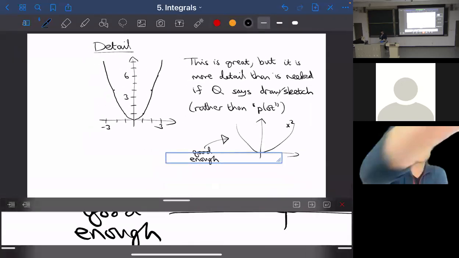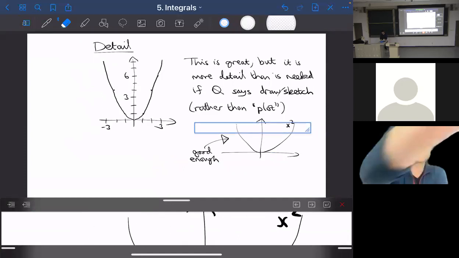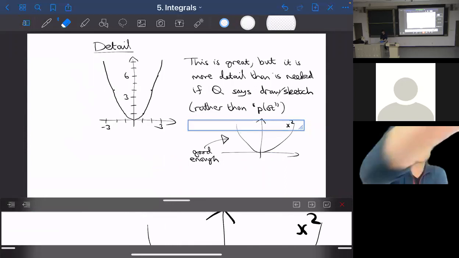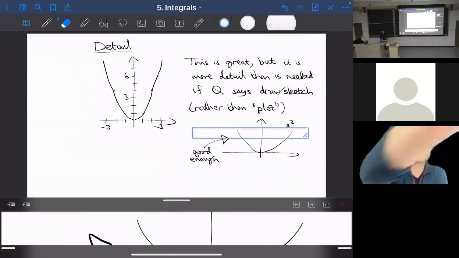Okay, so yeah, although there's the thing about the important features. So I've got to be careful, for instance, that it went vertical here. So check that it's not going vertical, for instance.